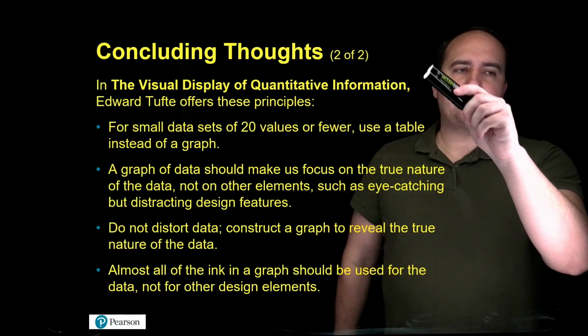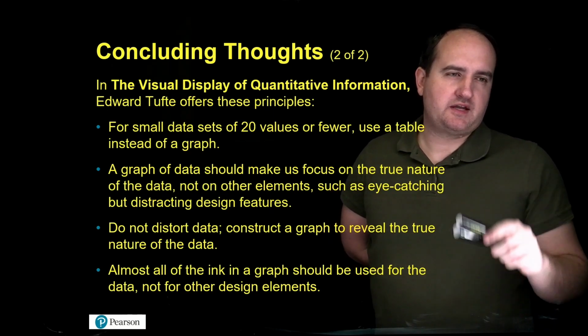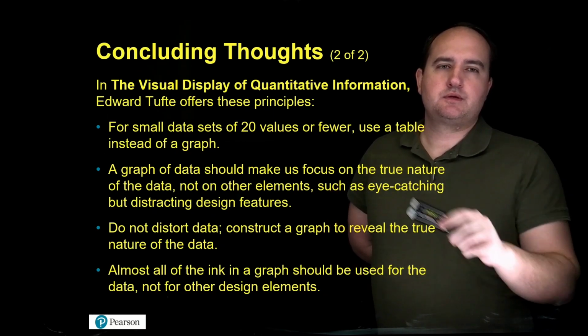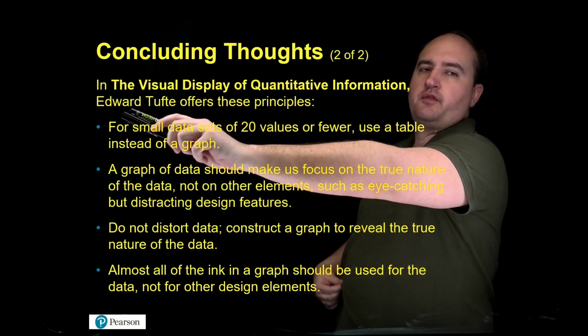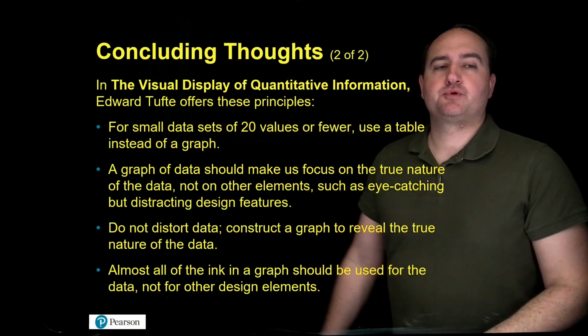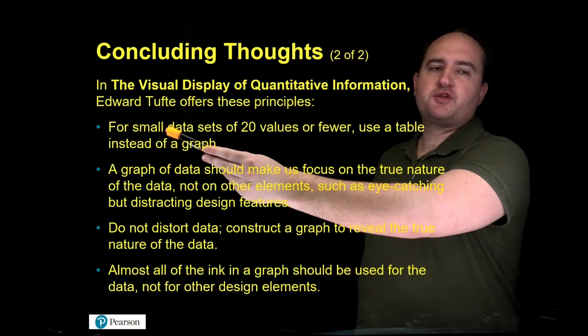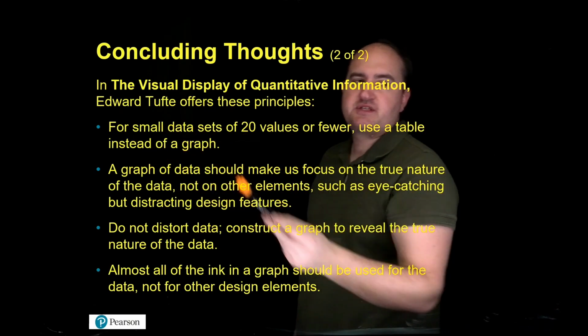Okay. This is straight out of our book, but I found it helpful. I think it's some good general guidelines. So in The Visual Display of Quantitative Information, the author Edward Tufte offers these principles. So for small data sets of 20 values or fewer, use a table instead of a graph.